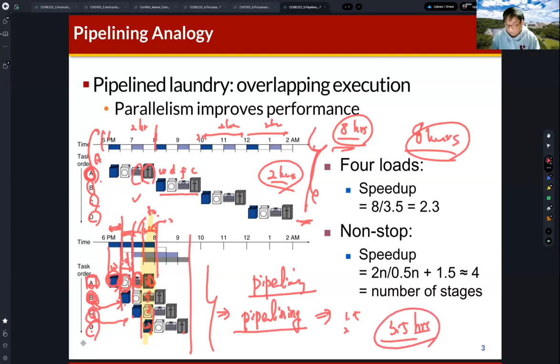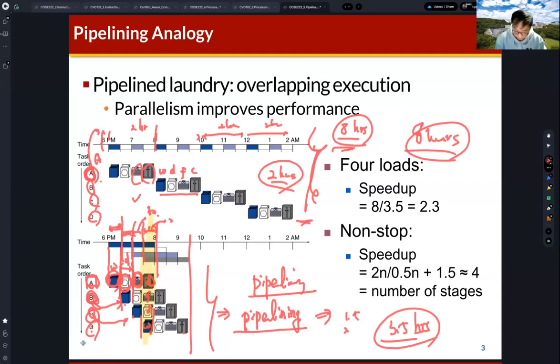So we can reduce the execution time for multiple tasks. You need to remember that we can reduce the execution time for multiple tasks.